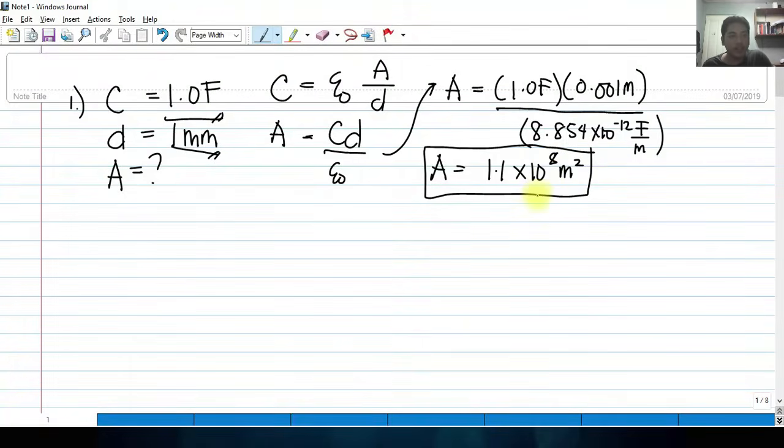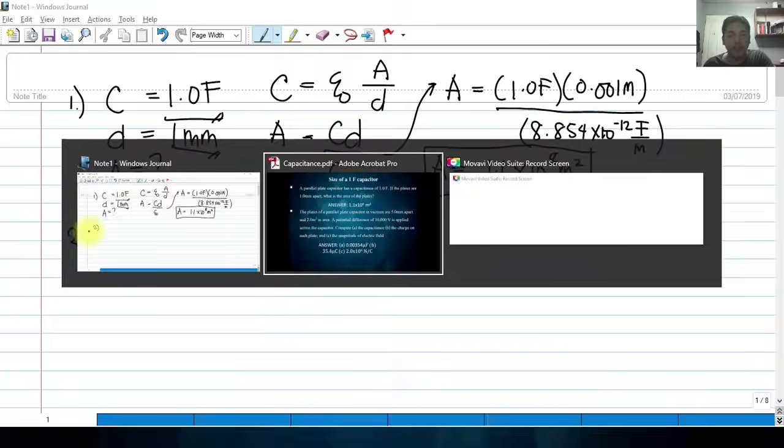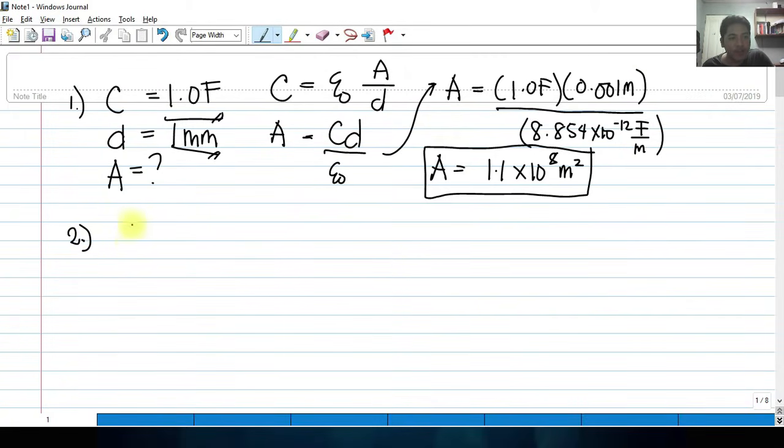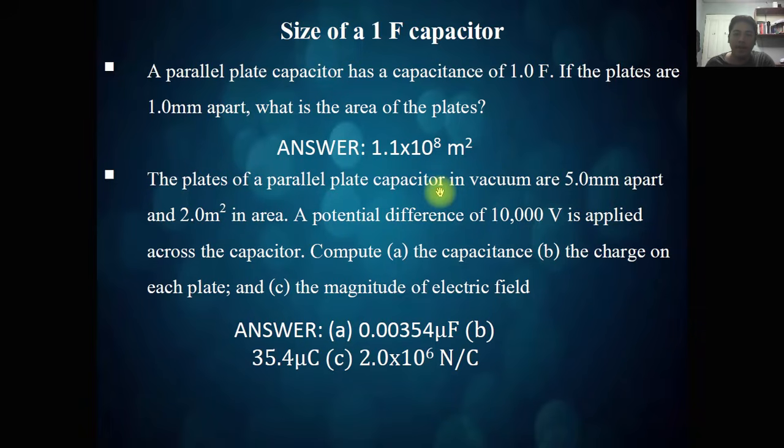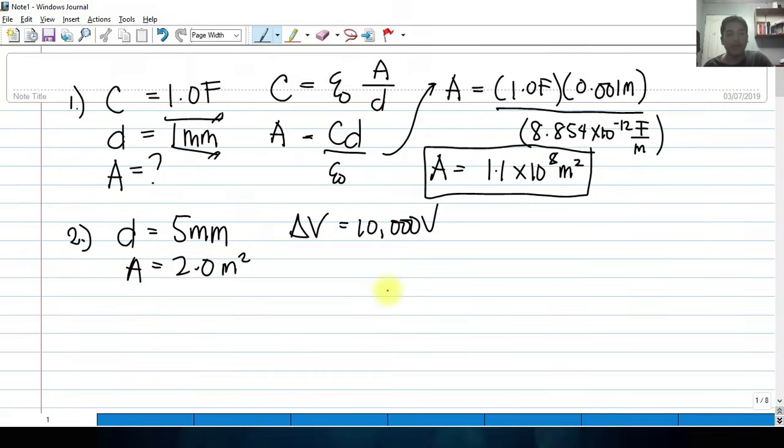First, let's identify the given: a distance of 5 millimeters, an area of 2.0 square meters, and a potential difference of 10,000 volts. The problem is asking for the capacitance.